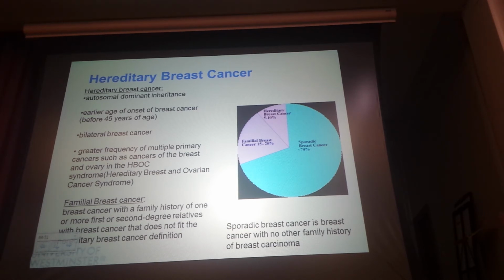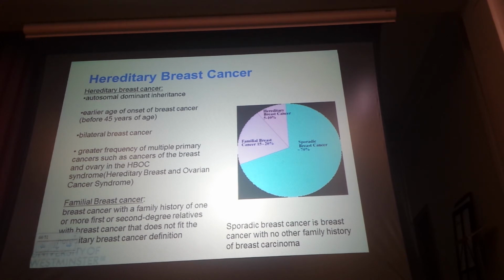And in more than 70% of the cases, you have sporadic breast cancer, where there is no family history of breast cancer. And this is what we call phenocopies: you can have a breast cancer in one of your relatives, but it just occurred by chance, so it's not due to hereditary causes.